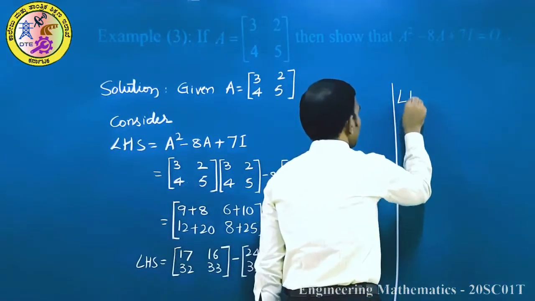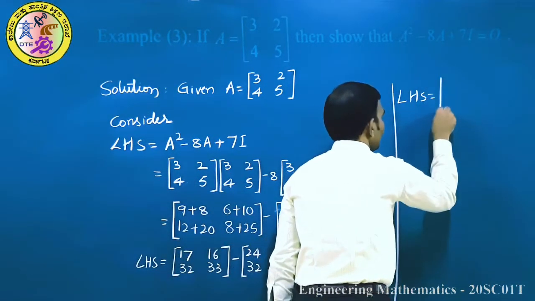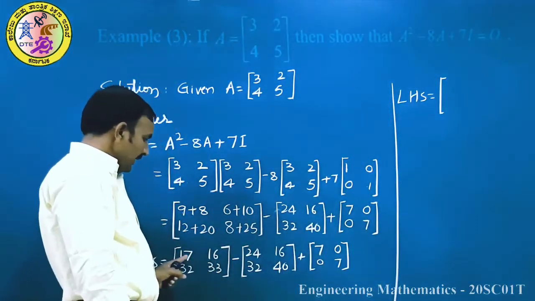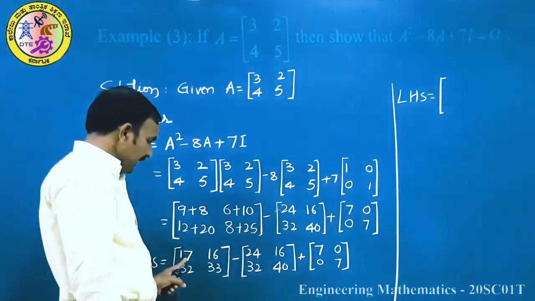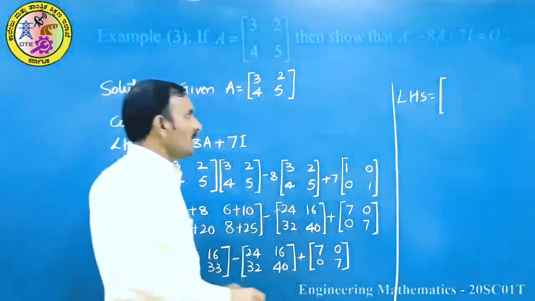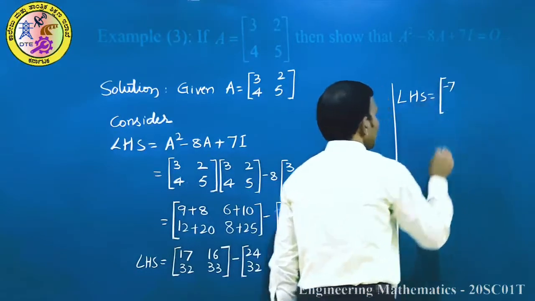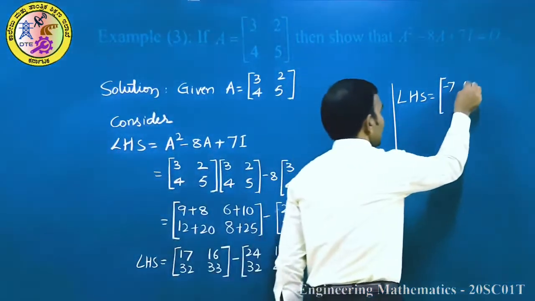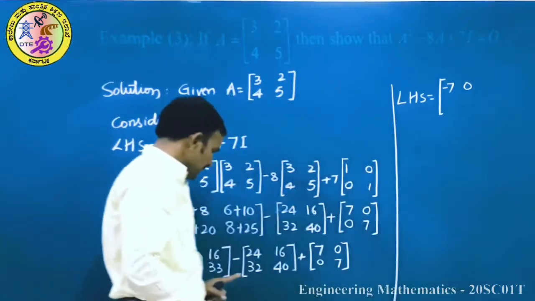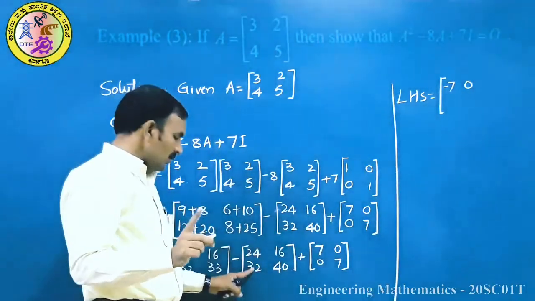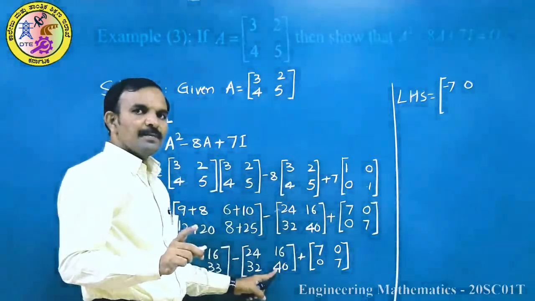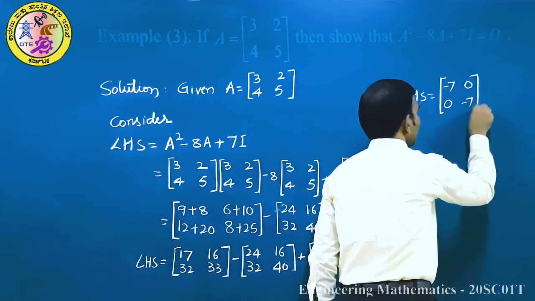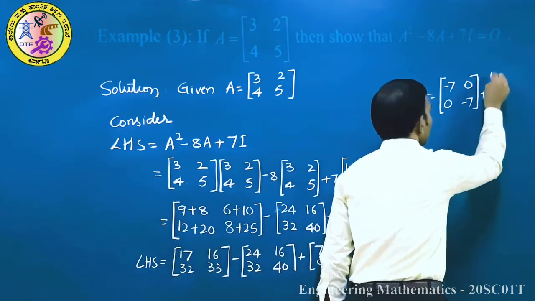That is, LHS is equal to [-7 0; 0 -7] plus the last term as it is.